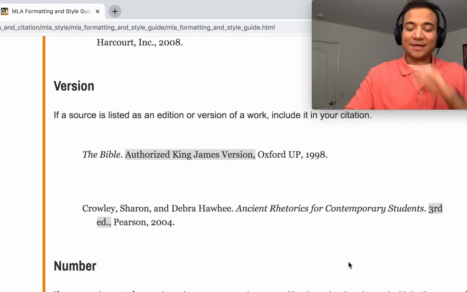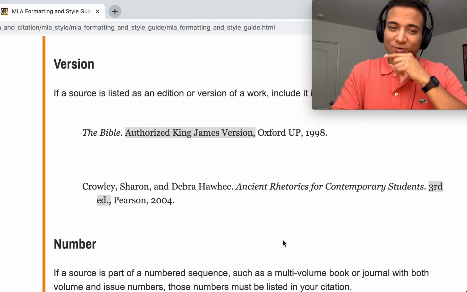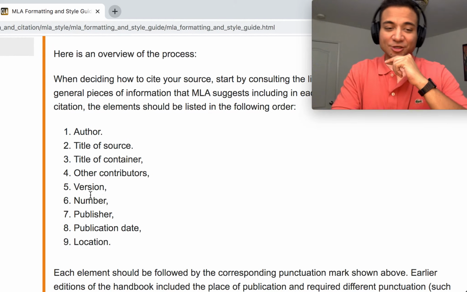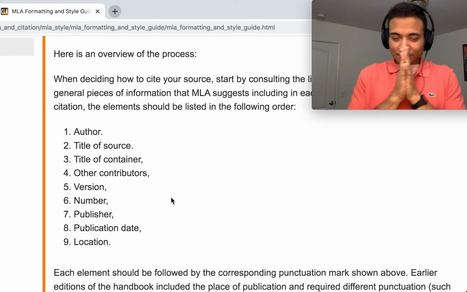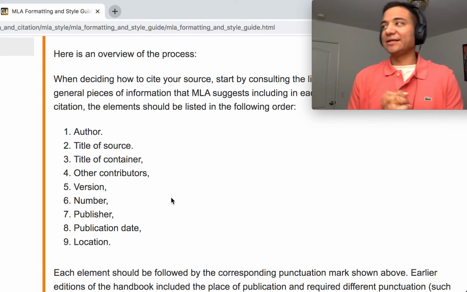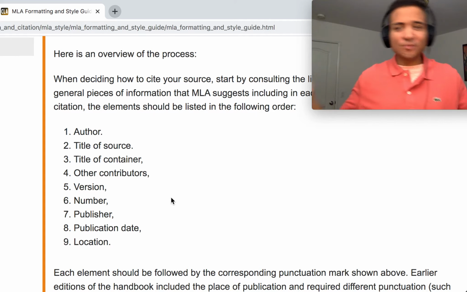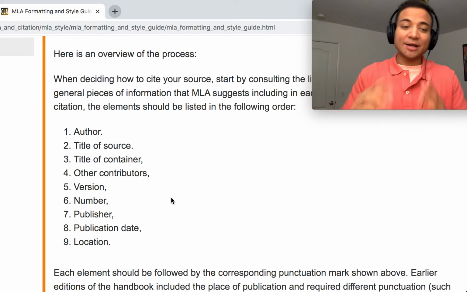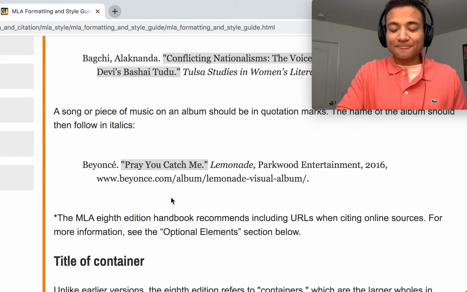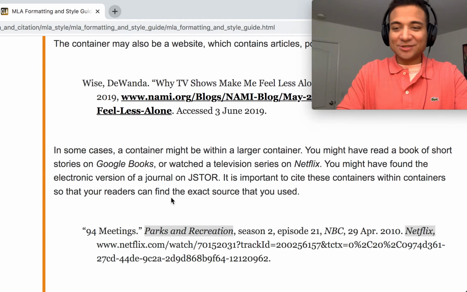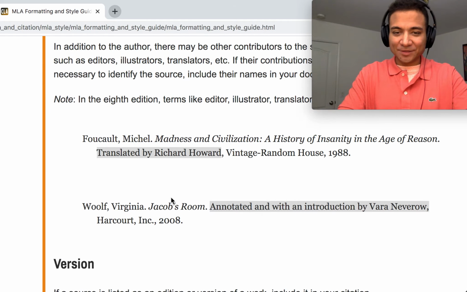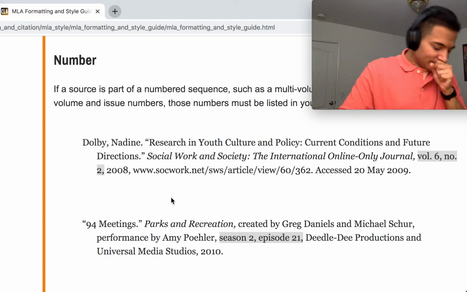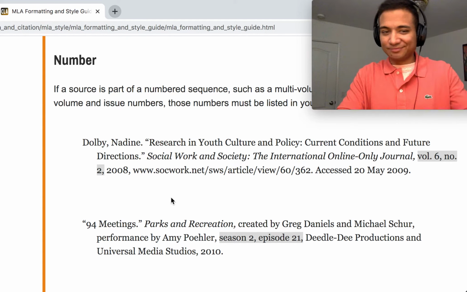Version. If we're given a version, I don't want you to mix up number and version. A number, we already said, can be something like volume and issue number or season and episode, always going from macro to micro. But a version, you as students know this. When you get a textbook, your teacher says, no, you have to get the latest edition, right?